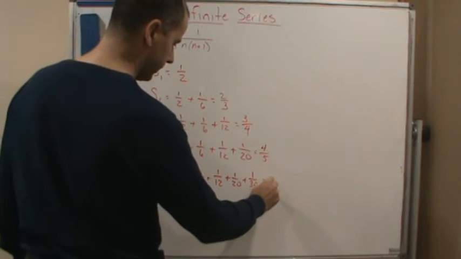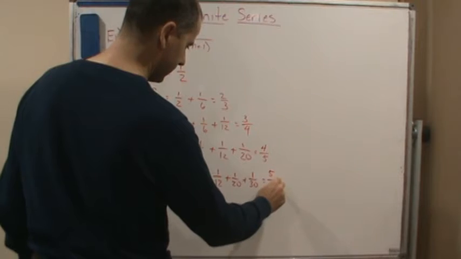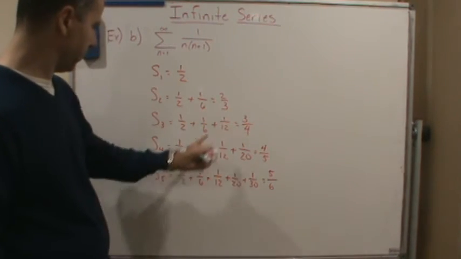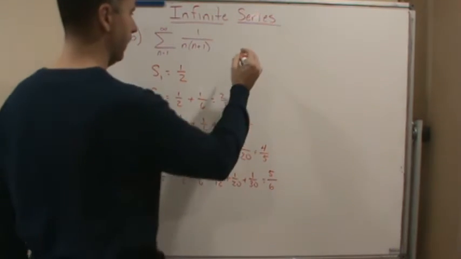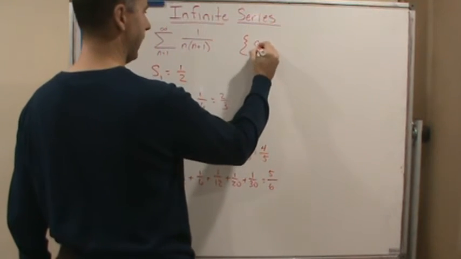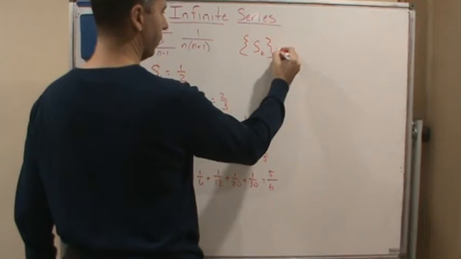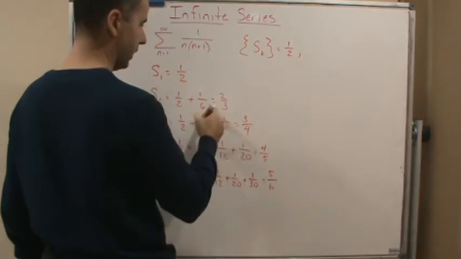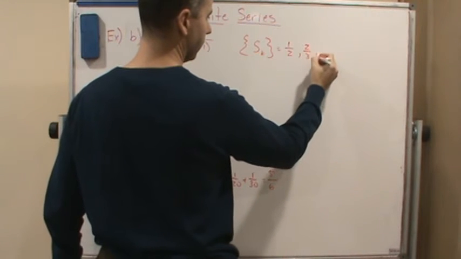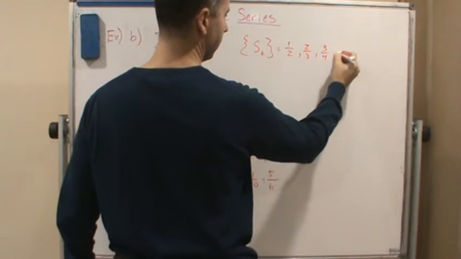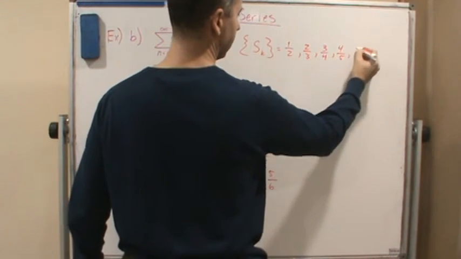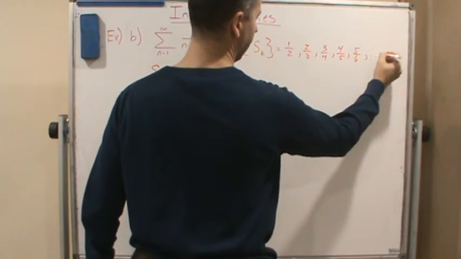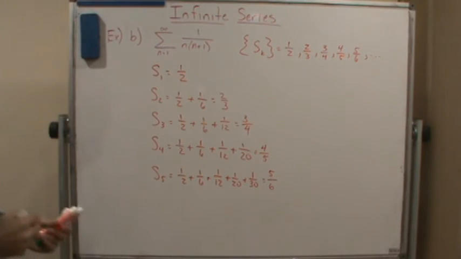Okay, and so this is going to give us 5/6. So you can see the pattern in the sum, but you can also see the pattern in the sequence. If you look at the sequence of S of k, what do we get? We got 1/2, and then it becomes 2/3, 3/4, 4/5, 5/6, and so on. Okay?